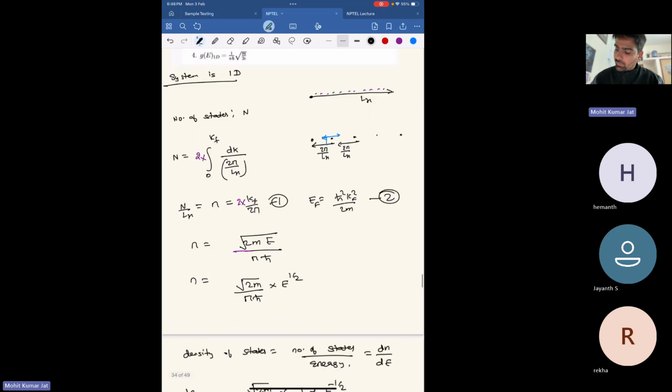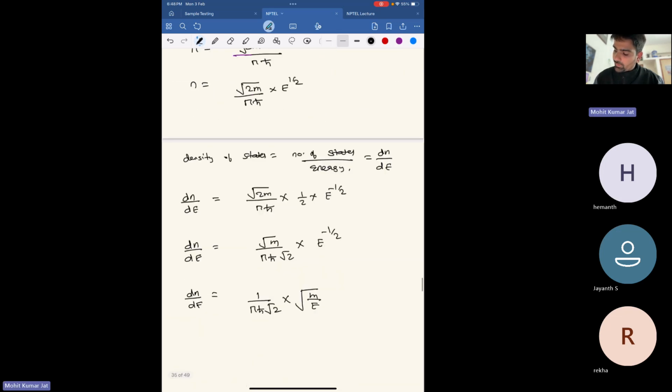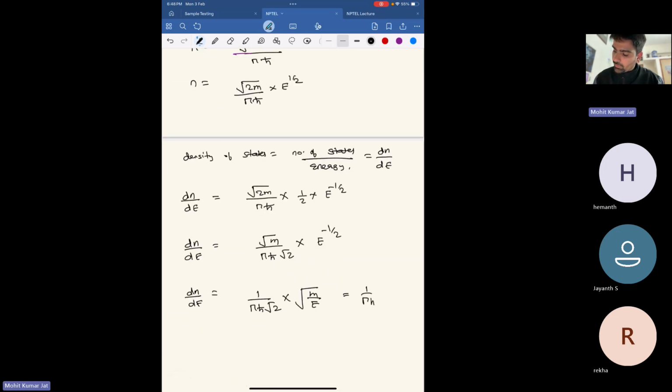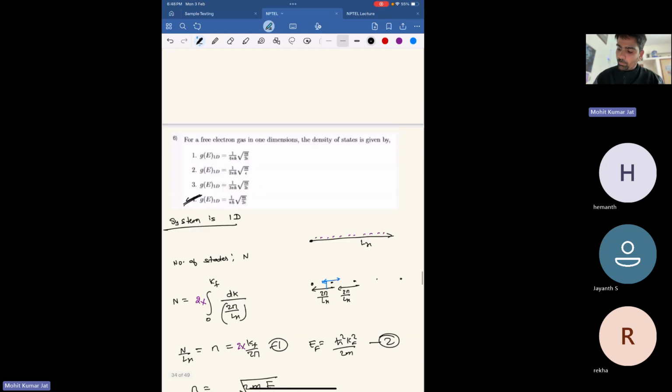So if you see, this is exactly option D. This is my density of states, 1 by pi h bar under root m by 2E. So that's the correct answer.